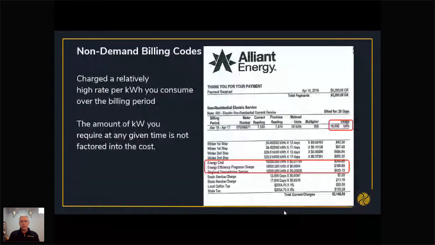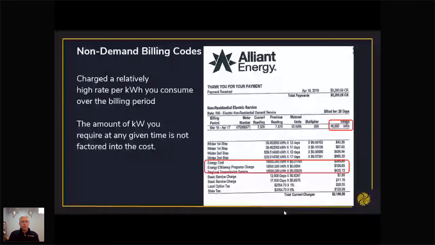So first of all, let's look at the most common type of billing for most folks, and that is a non-demand billing code. It could be rate code 600, or 607, which is a time of use rate code. There's a number of them, and we don't have to look at individual bills of each rate code, but suffice to say, if you are not billed by demand, you will be billed a relatively high rate per kilowatt hour that you consume over that billing period.